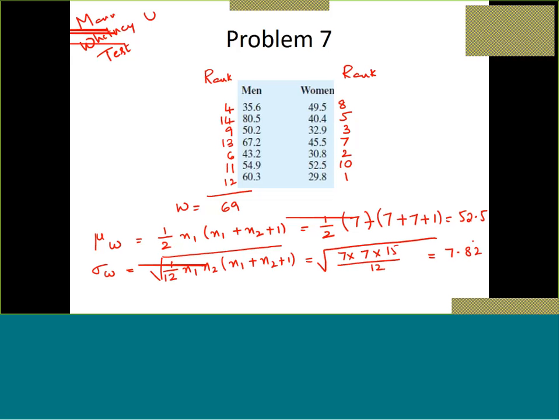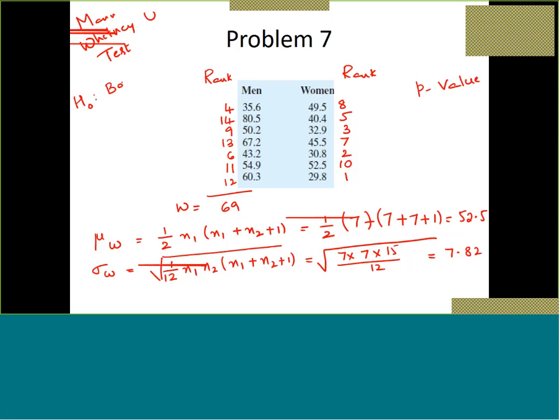Right? Correct? Now you have to calculate the P value. So what is the P value? Because you have to write first of all H naught. What is H naught?